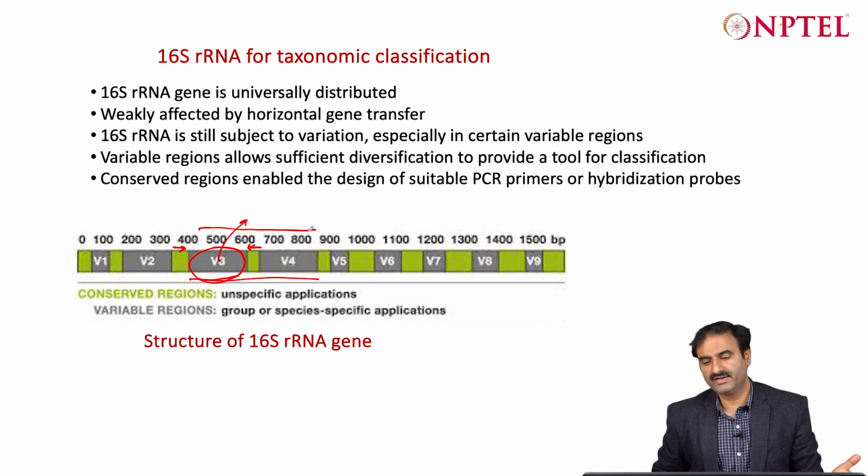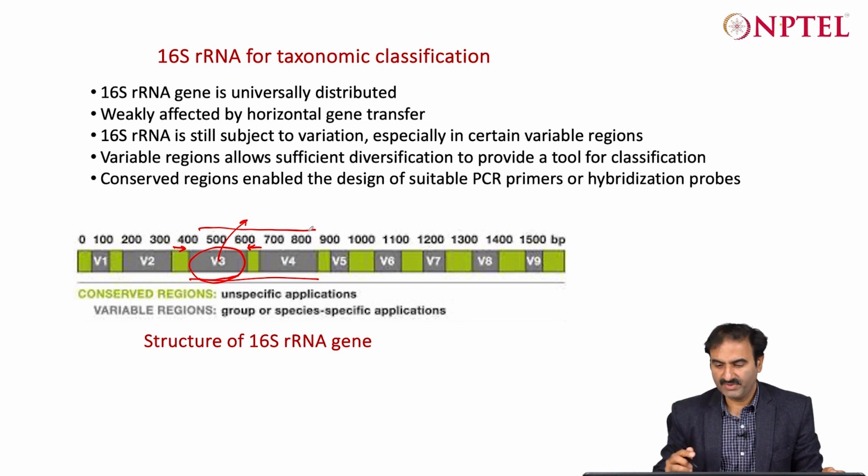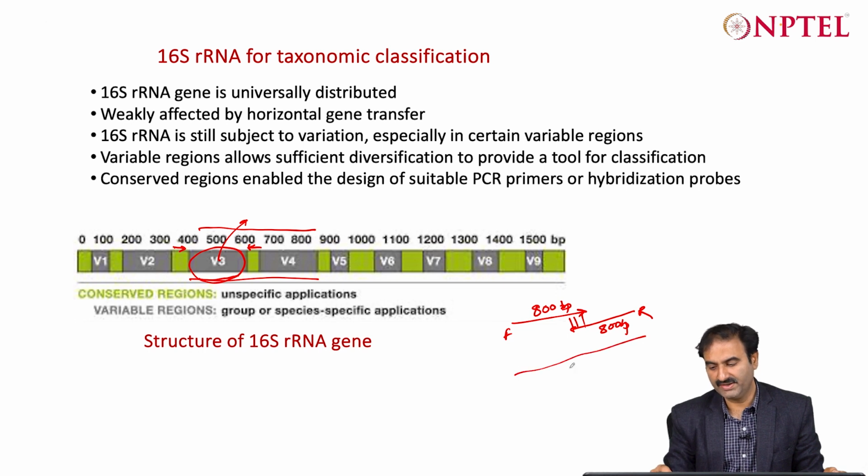Or if you are doing Sanger, then the complete 16S is fine, because from one side you can easily generate an 800 base pair fragment forward, and from reverse you can generate approximately 800 base pair as well. With a 100 base pair overlap you can identify the complete 1.5 kb 16S ribosomal RNA chain.